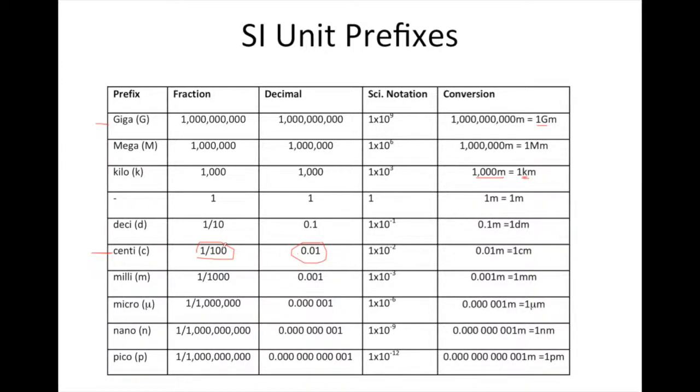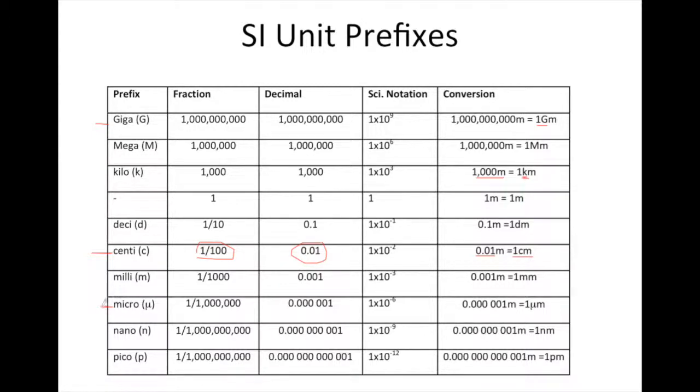So 100th can be expressed as 0.01. In scientific notation, it would be 1 times 10 to the minus 2. So the prefix centi is 100th of something. So 1 centimeter would be 100th of a meter. So here you can see 100th of a meter is equal to 1 centimeter.